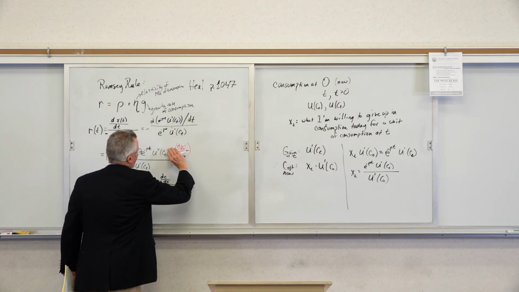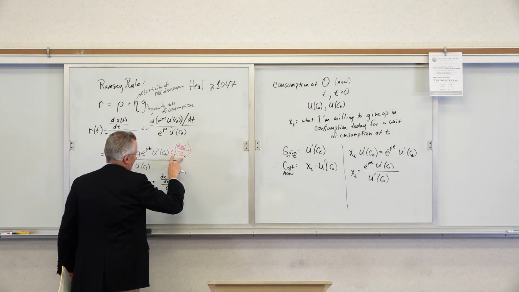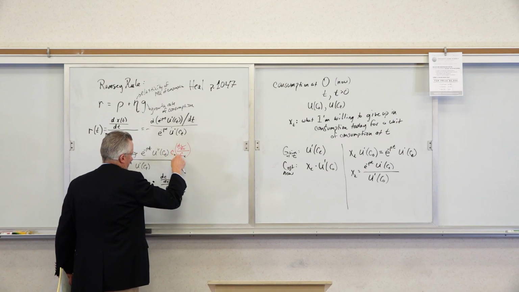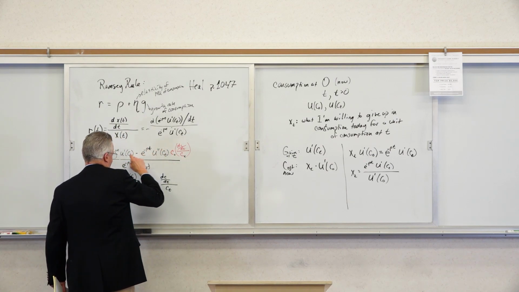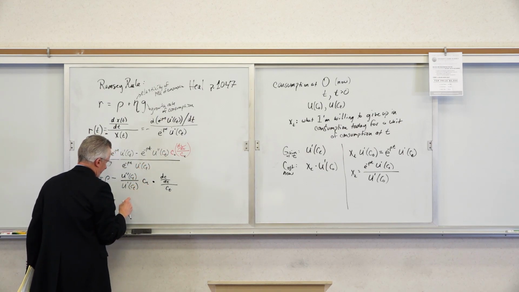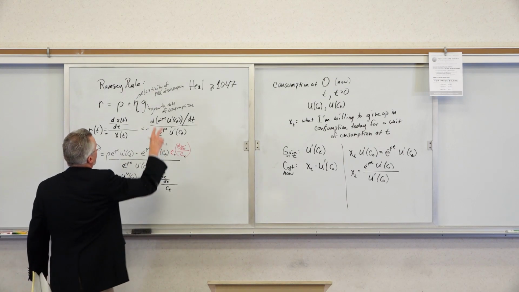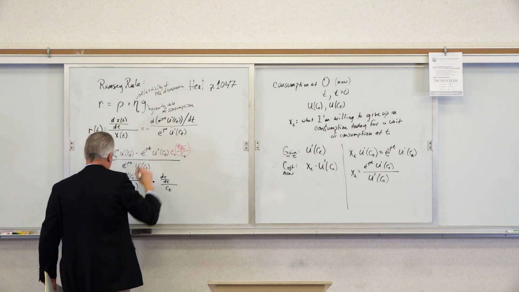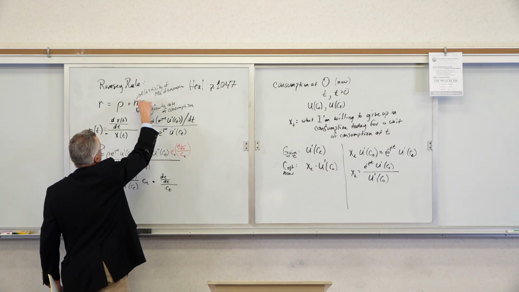First of all, I had that, and then I said, well, I may as well just add C over C. I'm going to separate them in certain ways because when I put that C with that, oh, that's got another name. That's the marginal utility of consumption, or I should say the elasticity. That's an elasticity formula. Great. That's the elasticity of the marginal utility, which I was calling eta, that thing right there.